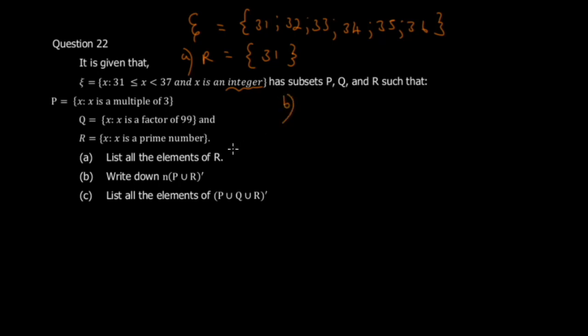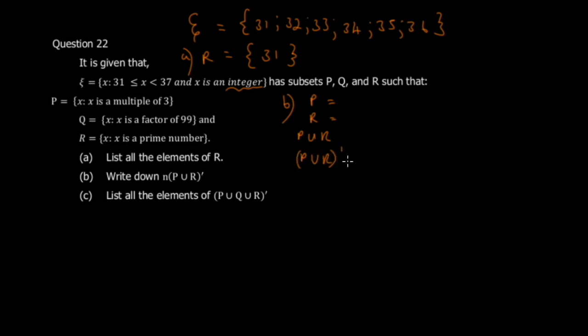And part B says write down the number of (P union R) complement. What I would want you to do is to do it in steps. You list the elements of P, you list the elements of R, then you combine to get P union R, and afterwards you take the complement.